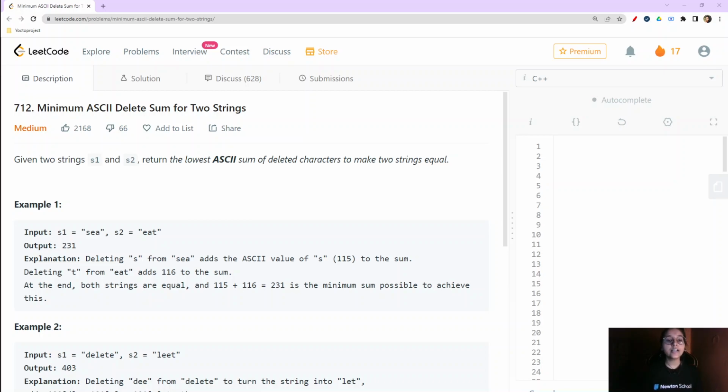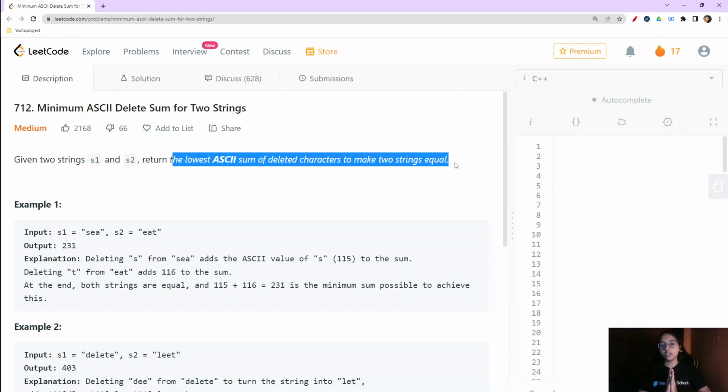So let us start. First thing, in our question we are given two strings S1 and S2. We are required to return the lowest ASCII sum of deleted characters to make two strings equal. So in this particular question we are given two strings, and we are required to select those characters which, after deleting, make the strings equal, and they add up as the minimum sum to our final answer.